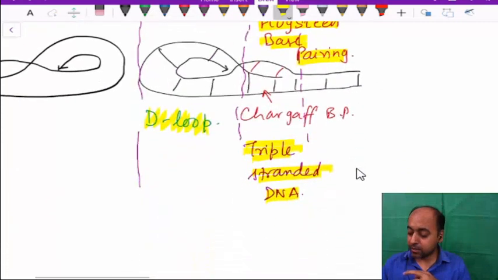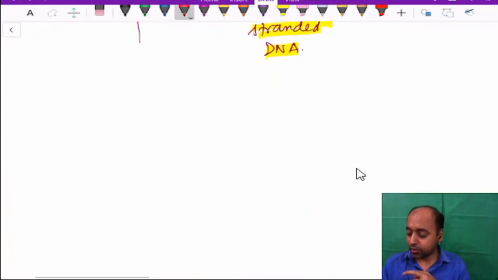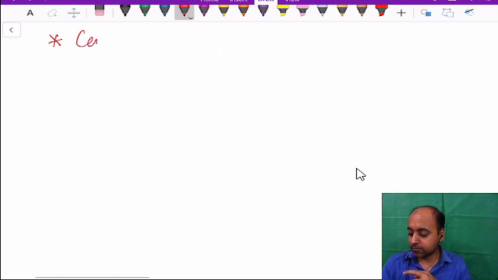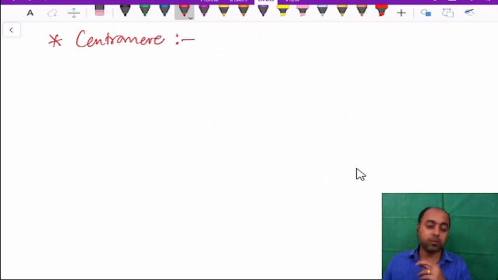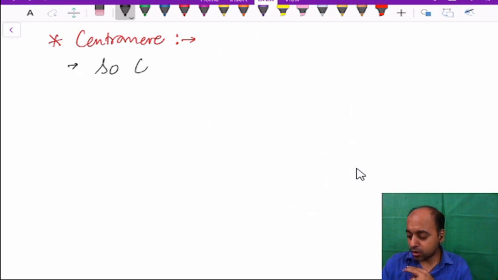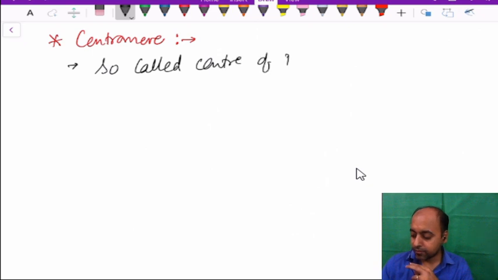On the same pattern, let us quickly mention a few points about the centromere. Centromere is the so-called center of DNA.